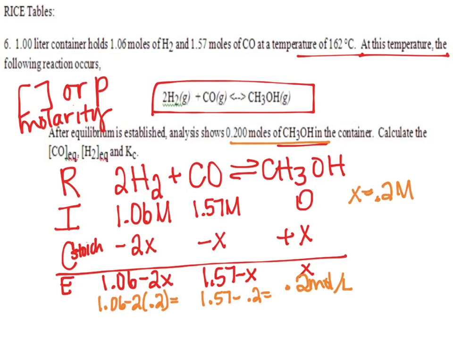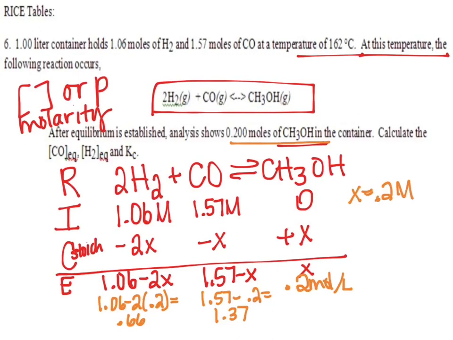We solve for those concentrations for H2 and CO. So put it in your calculator: 1.06 minus 2 times 0.2 is 0.66, and 1.37.